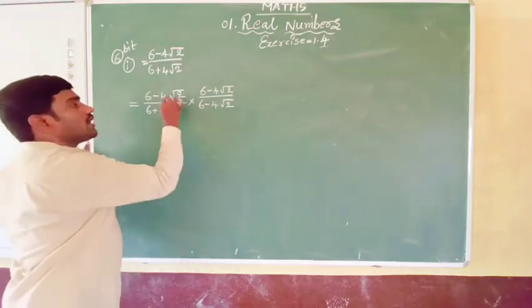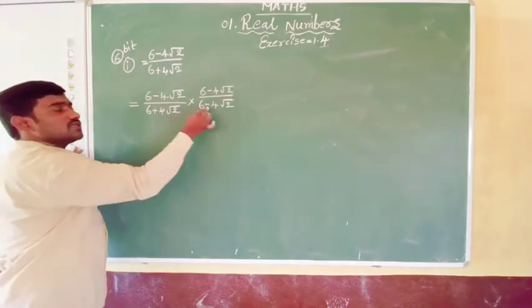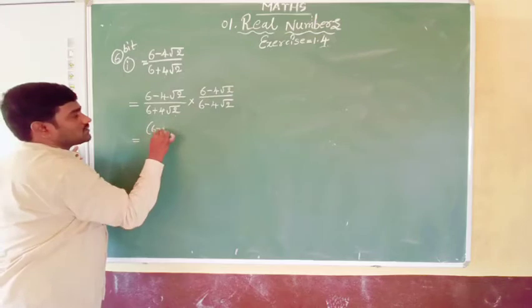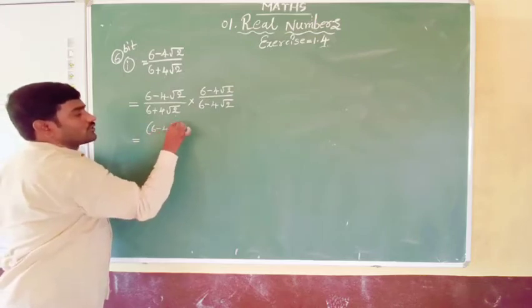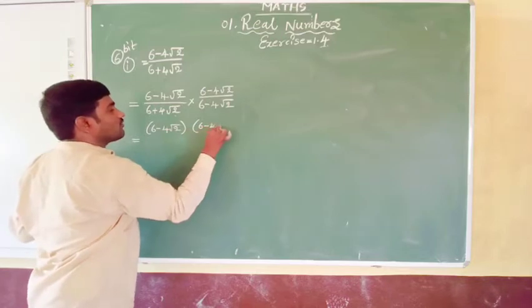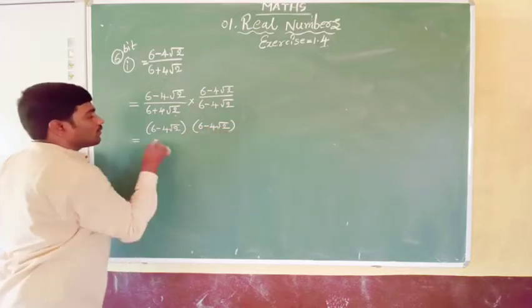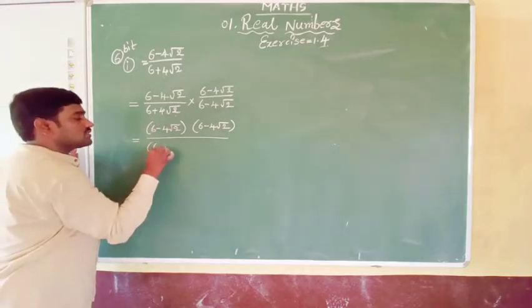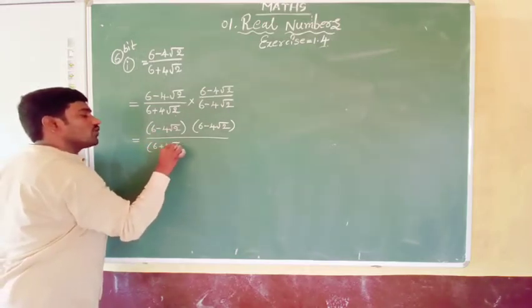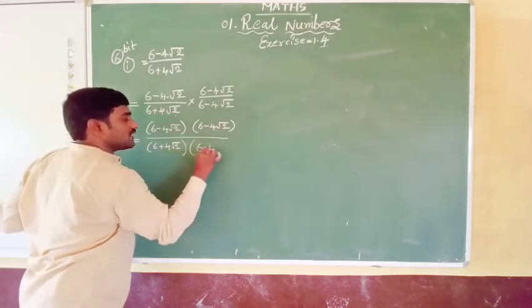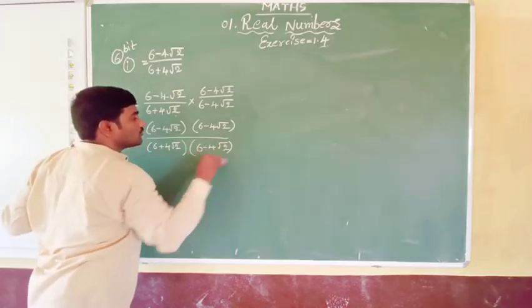So now we have to multiply the numerators as well as the denominators. Let us multiply: 6 minus 4 root 2 into 6 minus 4 root 2, all by 6 plus 4 root 2 into 6 minus 4 root 2.